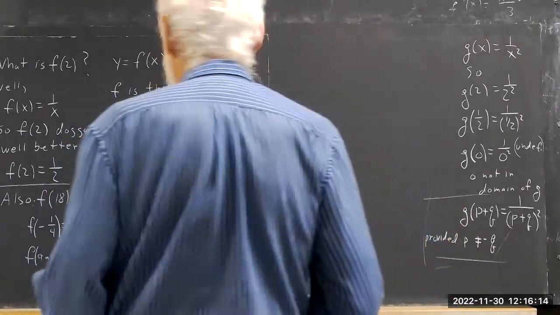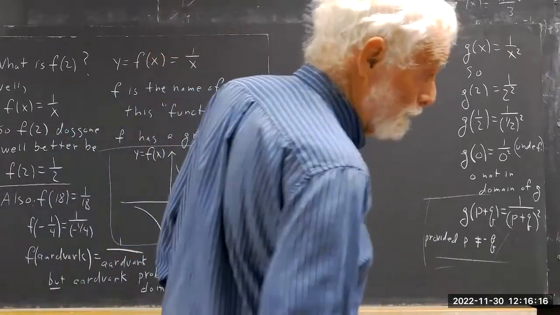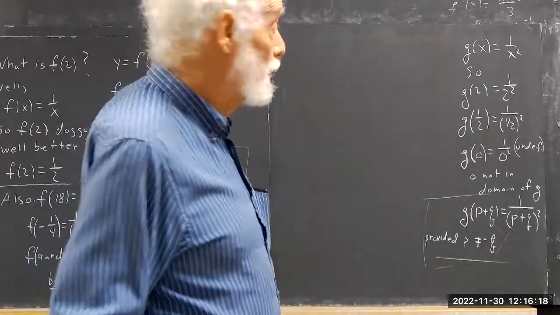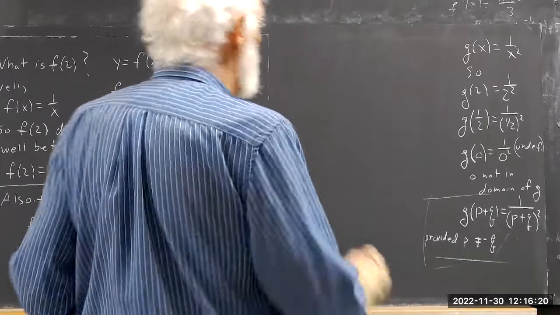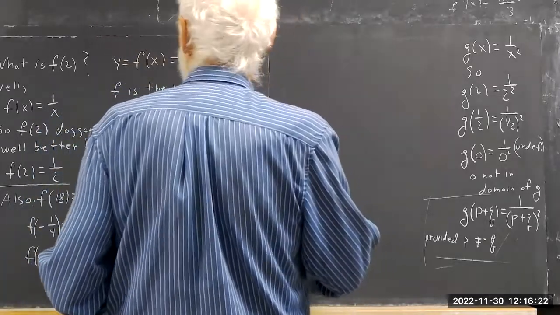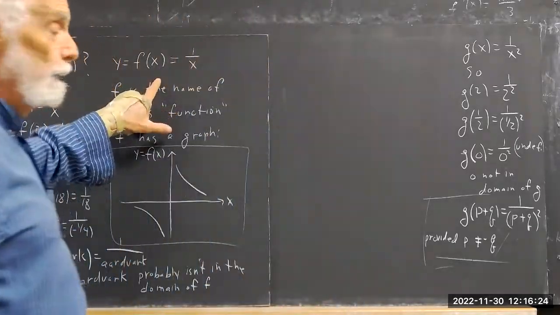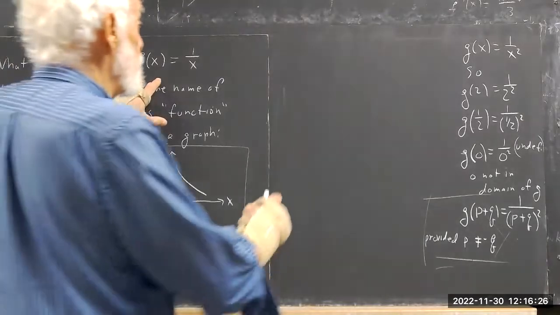Okay, now there's another thing that comes up in the first couple of weeks of pre-calculus, which is composing functions. So without using that word, we got our f of x here. We've got our g of x here.